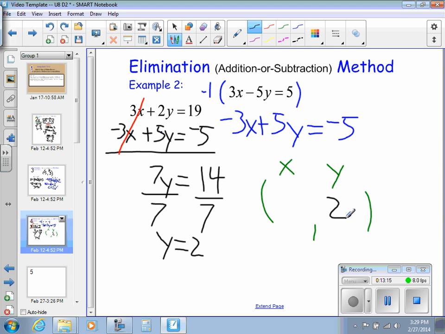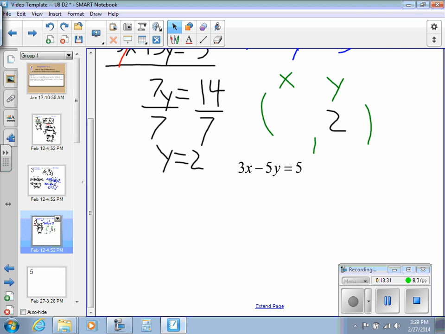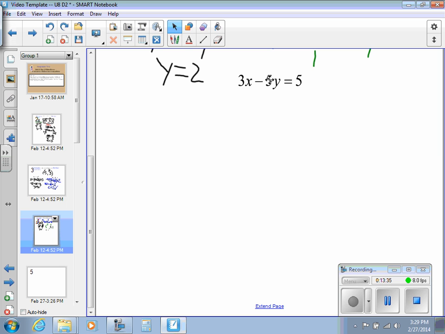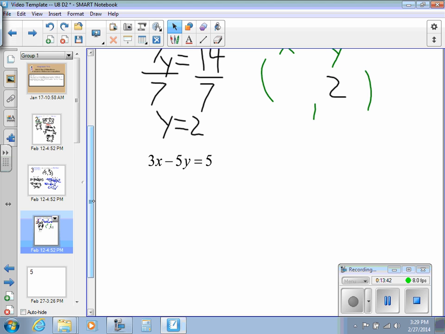And now we need to solve for our x coordinate. Again, we can take either equation, whichever one is easier, and plug it in. So I guess I will steal this equation. Let's come down here. And I'm going to bring it right over here. Let's move this so we can see the coordinate that we have. Now we're going to substitute a 2 for y.